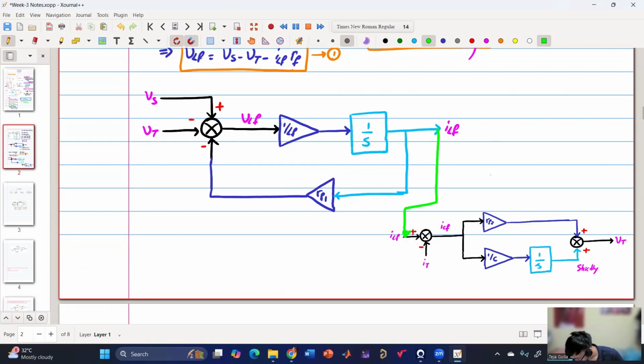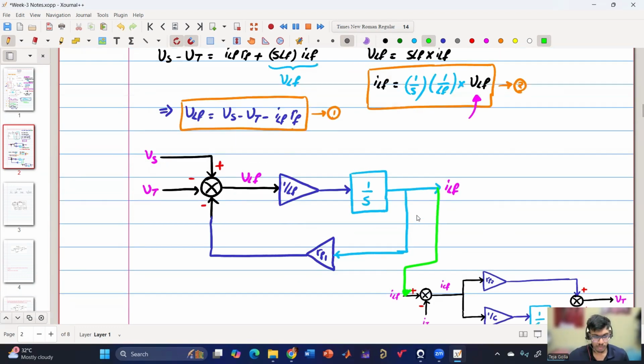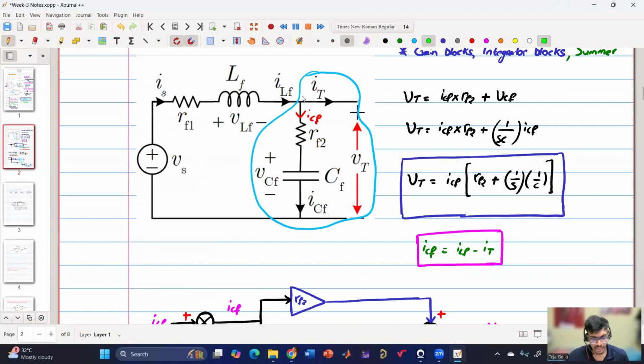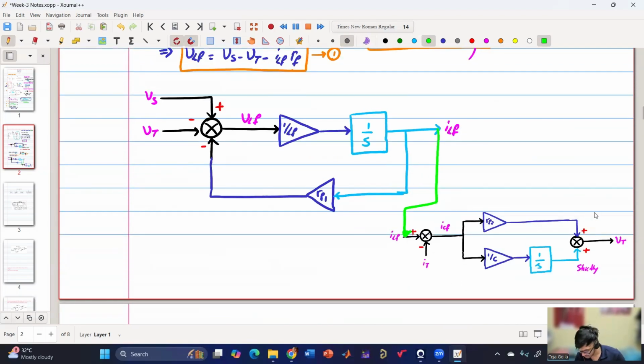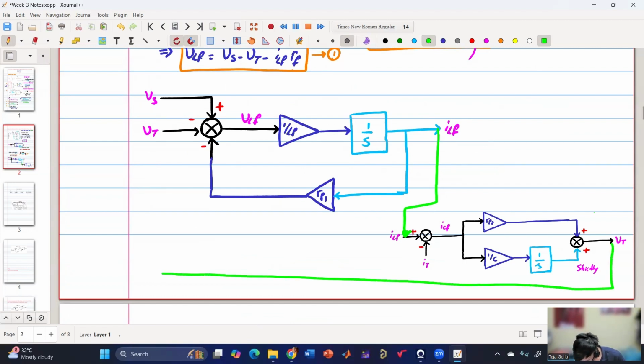So from VS and VT, we got ILF, and from ILF and IT, we got again VT, right? So basically ILF and ILF are combined, and VT and VT are combined.